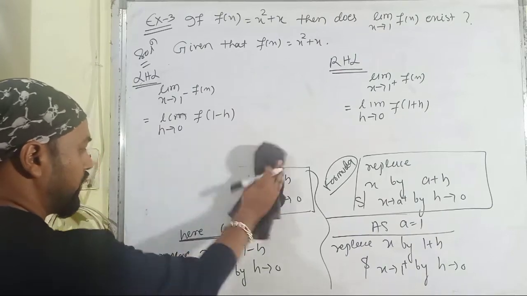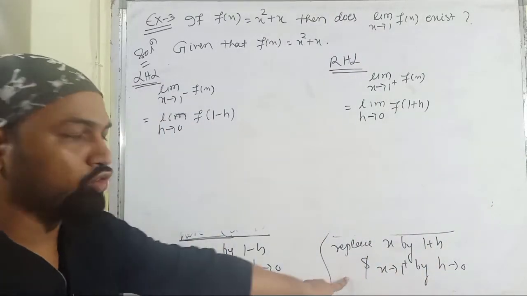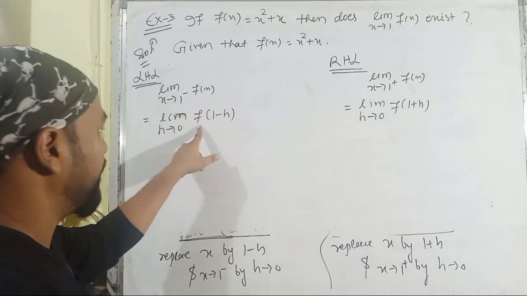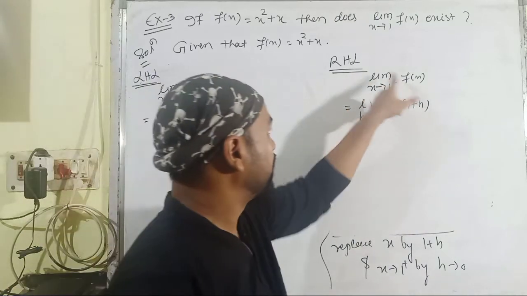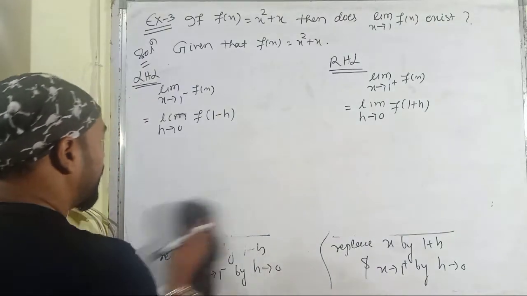So by using these substitutions, in place of f of x we have here f of 1 minus h. In case of the right hand limit, in place of f of x, we have written f of 1 plus h.